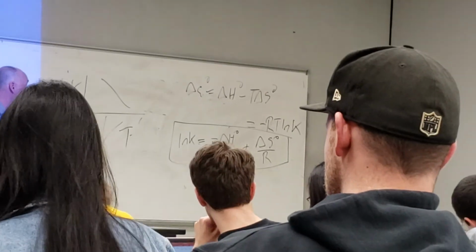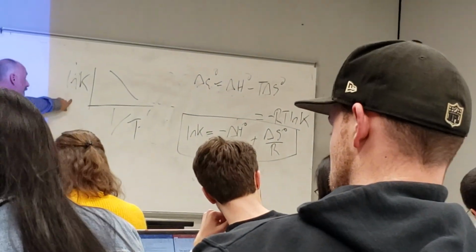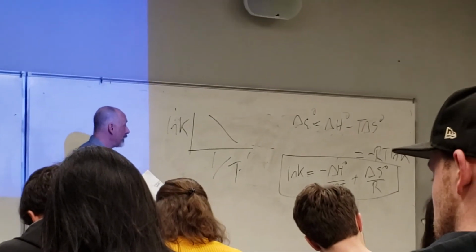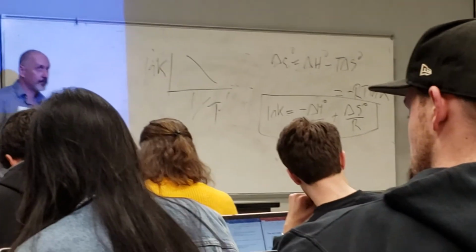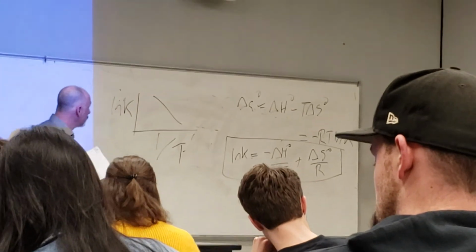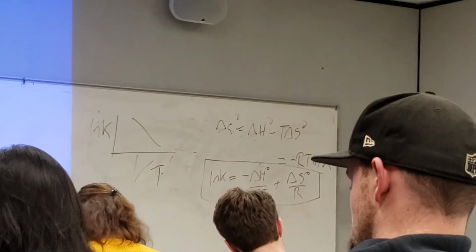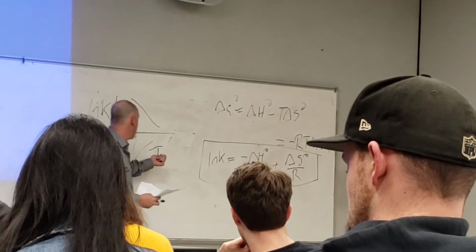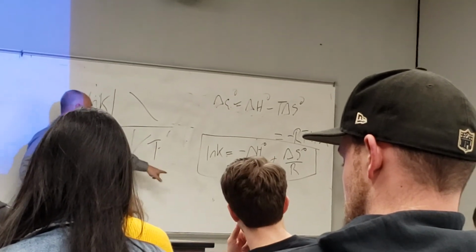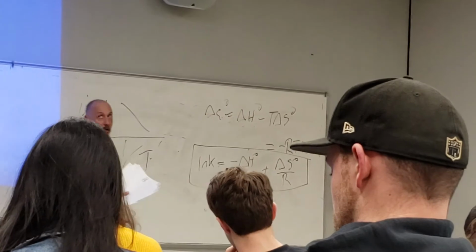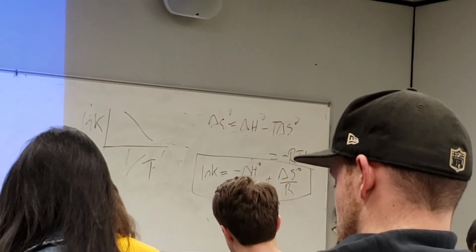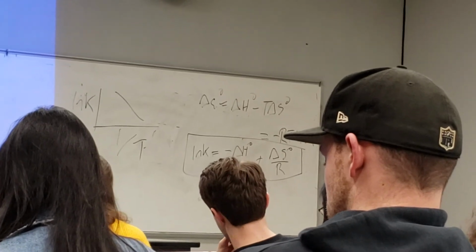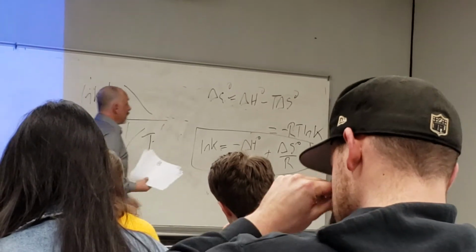So if I make a plot like this, here's the plot. What's my slope equal to? My slope is going to be minus delta H over R, because 1 over T is my x. And my y-intercept, here's my b.